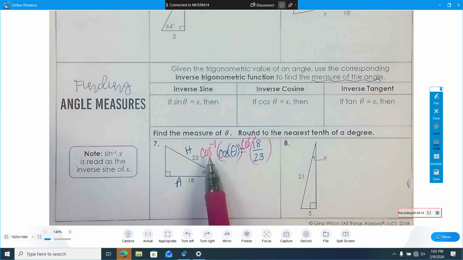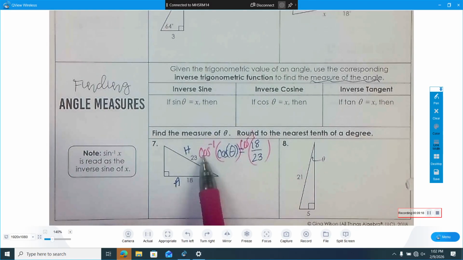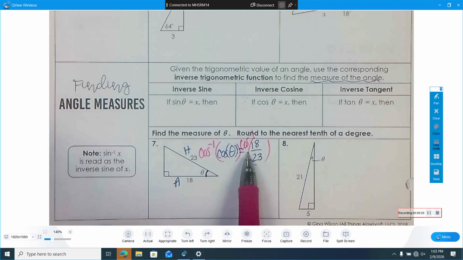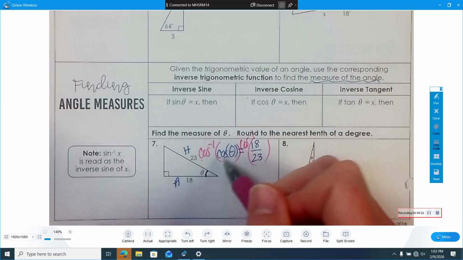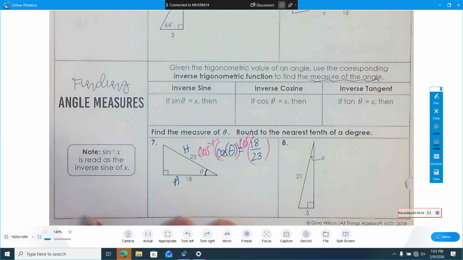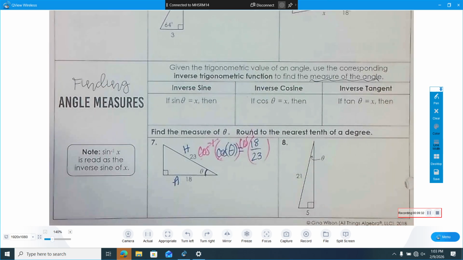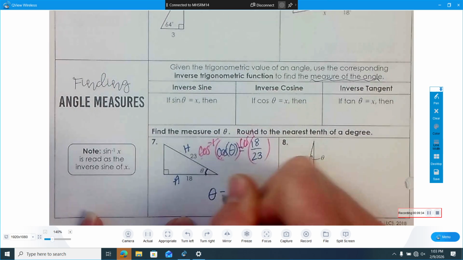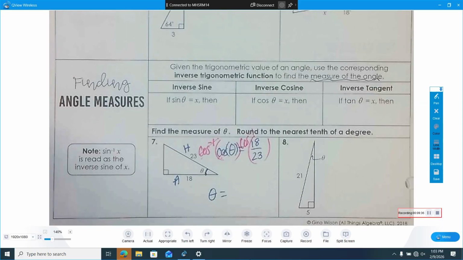I want you to smush in the cosine inverse on both sides of the equation. Cosine inverse and cosine are inverse operations. They undo one another. And so now, because they cancel each other out, my theta has become free. It's no longer trapped inside the cosine house.